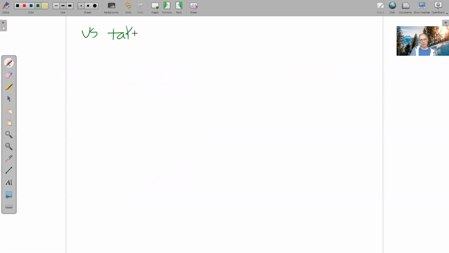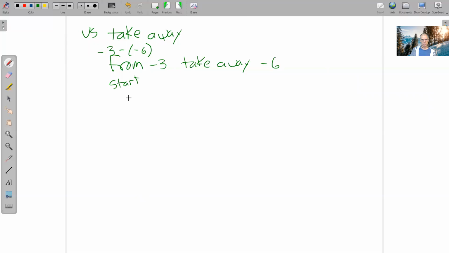Versus takeaway. So -3 minus -6. In this case, from -3, take away -6. So I would start with -3.